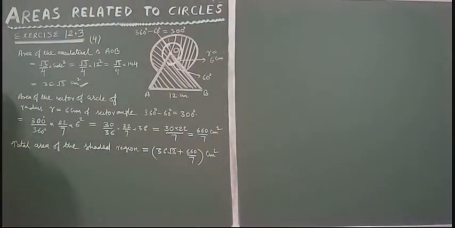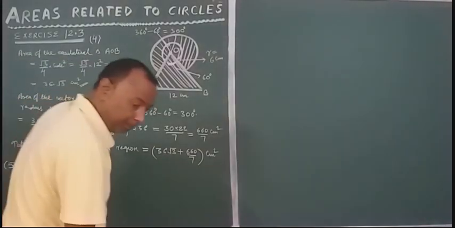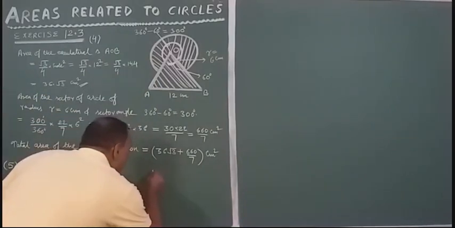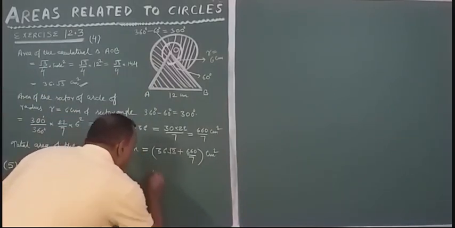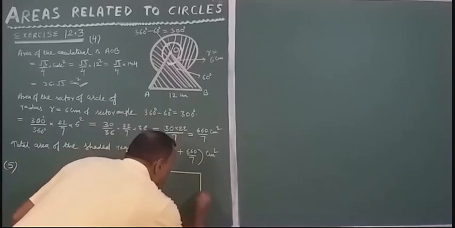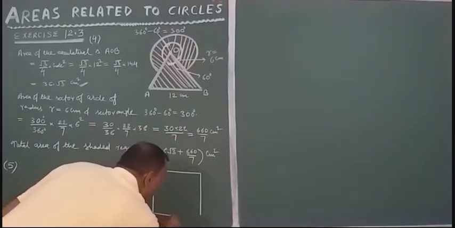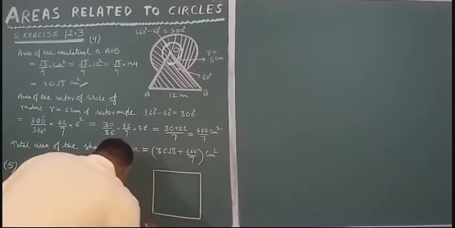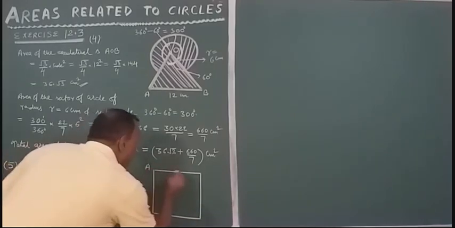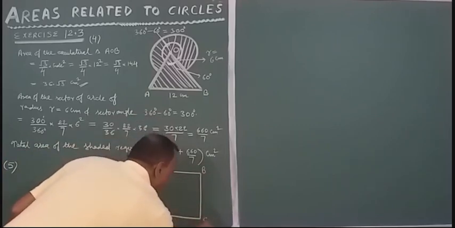Now this is question number 5. From each corner of a square of side 4 centimeter, a quadrant of circle of radius 1 centimeter is cut. This is the square given ABCD.